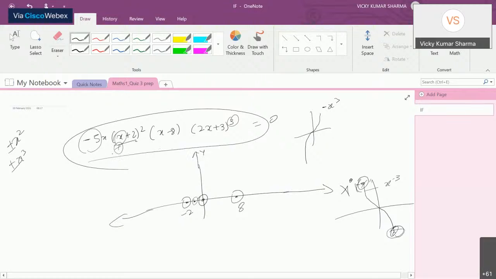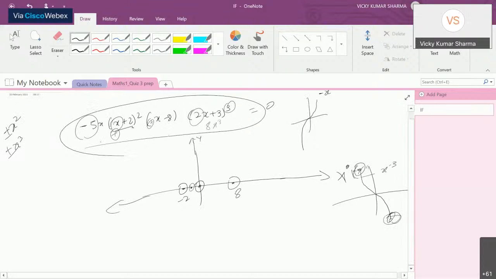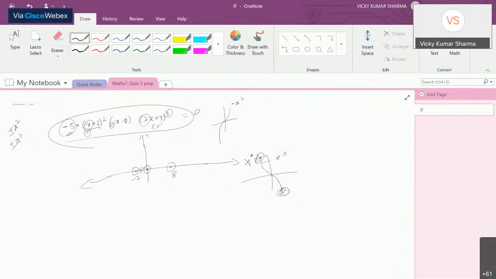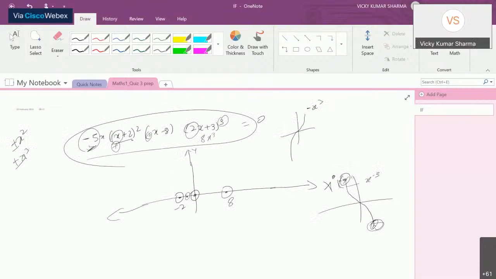This is also positive. The cube of this thing is also positive. This will become like 8x cube when you expand this. Only the negative is here. So negative into positive of all these values will make it negative. That's how we get to know.